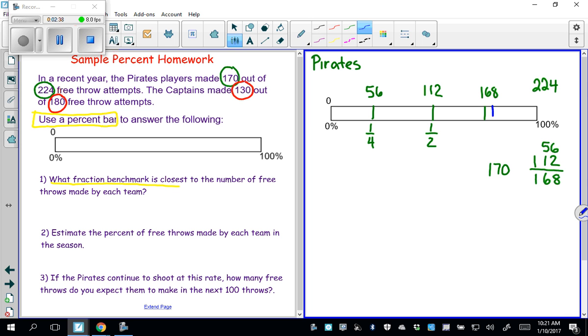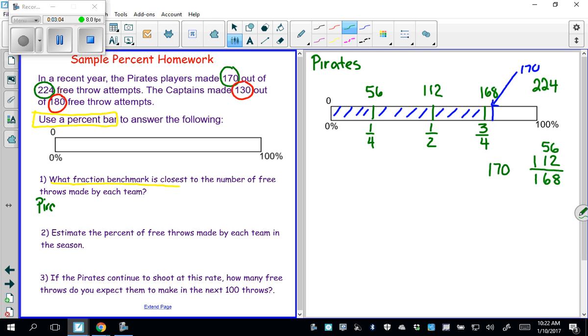170 is pretty close to 168. So that would be my way to estimate the closest benchmark fraction. I would say 170 is closest to 3/4. So the Pirates made about 3/4 of their shots.